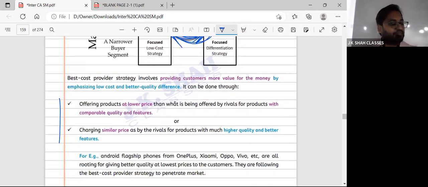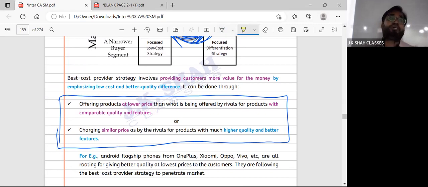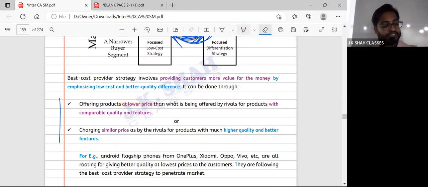This is the example which I gave you guys. See if you understand this. Offering products at lower price. No, don't read like this. Read as I tell you to read. Comparable quality and features.